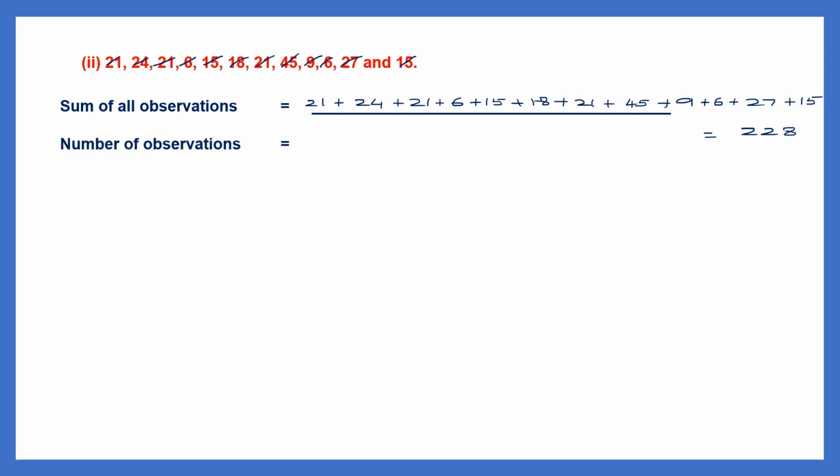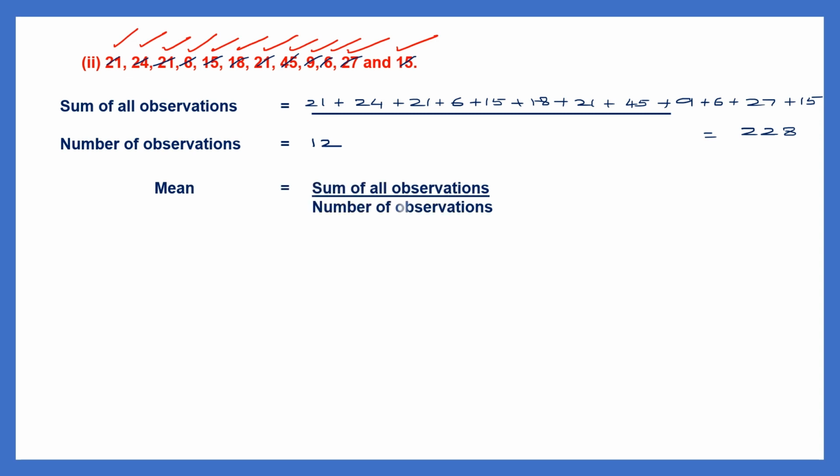Now the next step is the number of observations. So now let's count the number of observations. So here we have 1, 2, 3, 4, 5, 6, 7, 8, 9, 10, 11, 12. So the number of observations is 12. Now let's use the formula to find the mean. The formula is sum of all observations by the number of observations. The sum is 228.